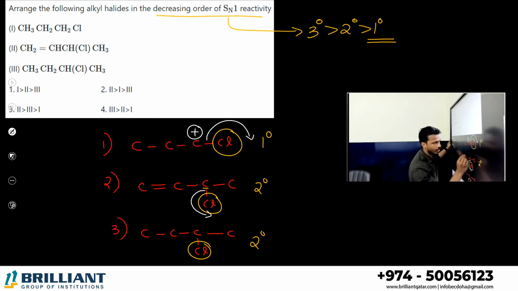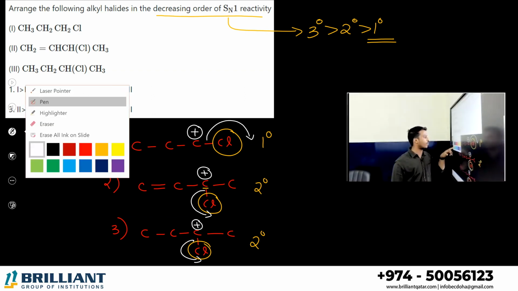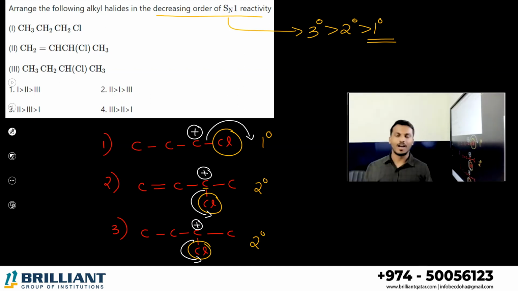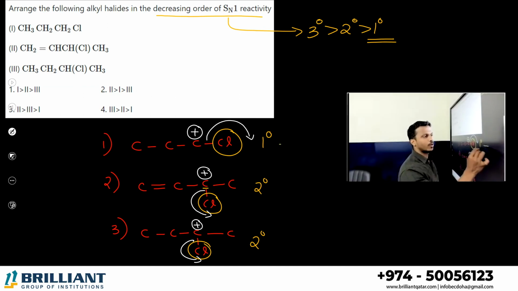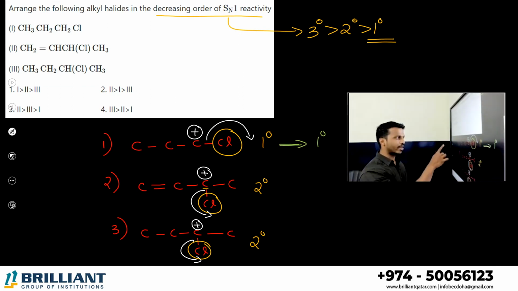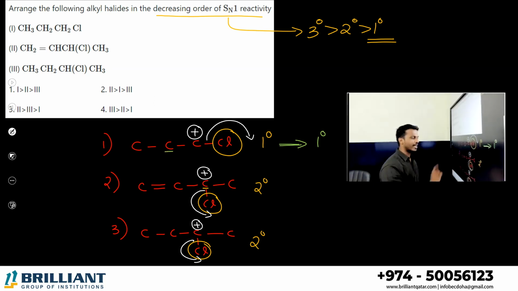I remove this chlorine, I get this carbocation. And I remove this chlorine, I get this carbocation. Can you please name the carbocation, like primary, allyl, benzyl, phenyl? The first one is a primary carbocation, because that carbocation is directly connected to only one carbon. What about secondary? That carbocation is directly connected to two carbons. So it is a secondary one.